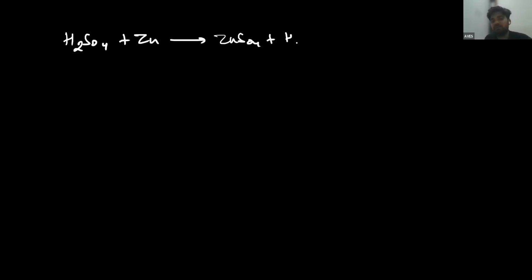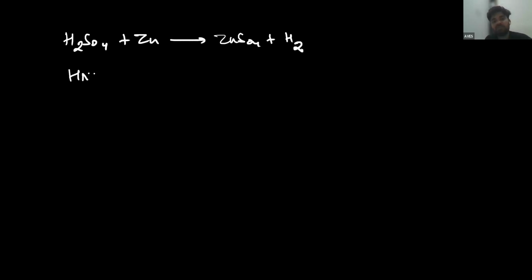HNO3 is an exception, so you need to write why HNO3 is not able to produce hydrogen gas when it reacts with metals. Like, H2SO4 reacting with zinc gives you ZnSO4 plus hydrogen gas.